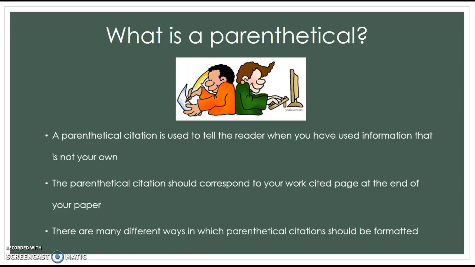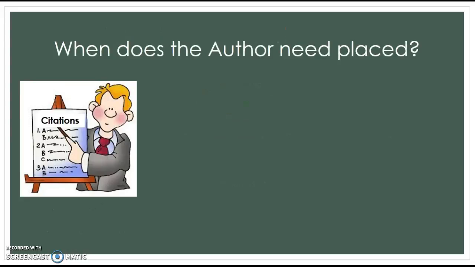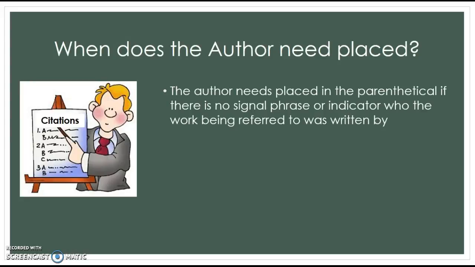I want you to keep in mind throughout this video that there are many different ways in which parenthetical citations should be formatted, how the author should be placed, and how the page numbers should be placed along with commas and periods. Now, when does the author need placed in the parenthetical? So the author needs placed if there is no signal phrase or indicator of who the work being referred to is written by.